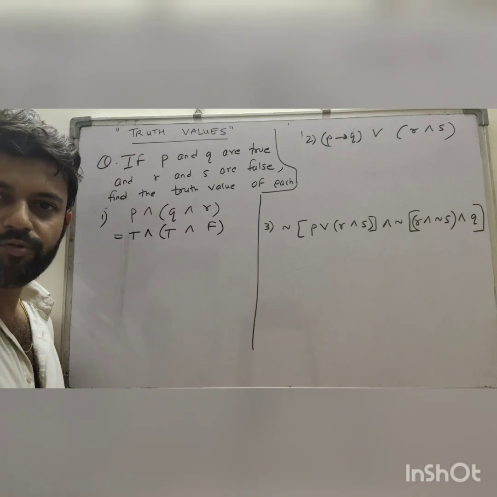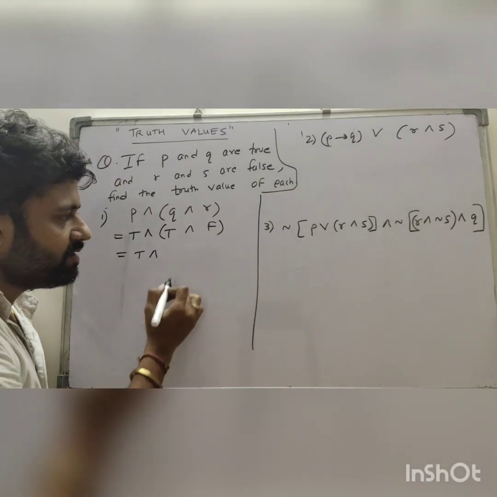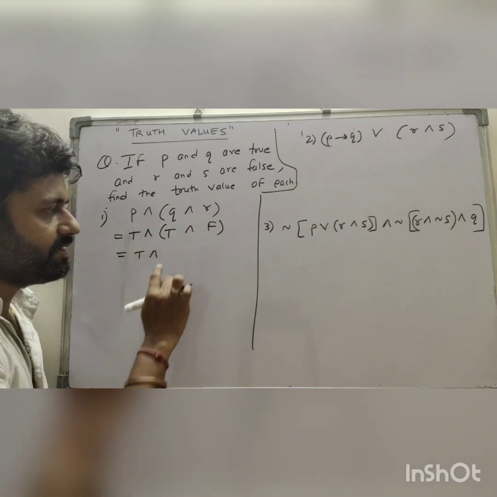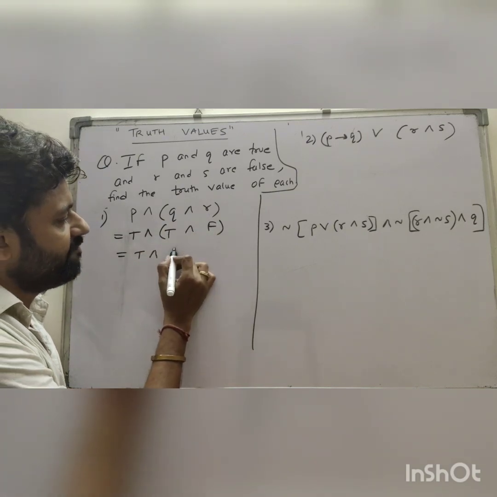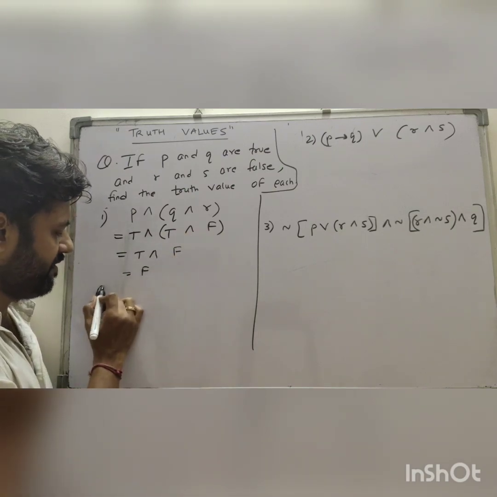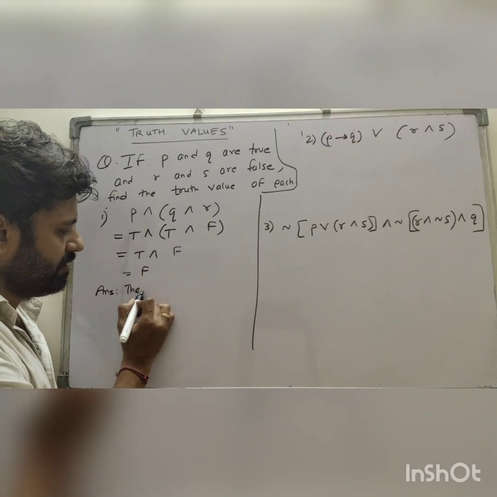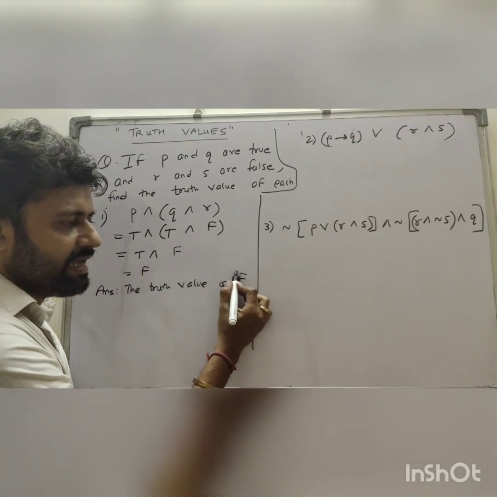This is how you have to do. As per the BODMAS rule, first bracket, T and F. Sir, we know T and F is F. Answer, the truth value is F.